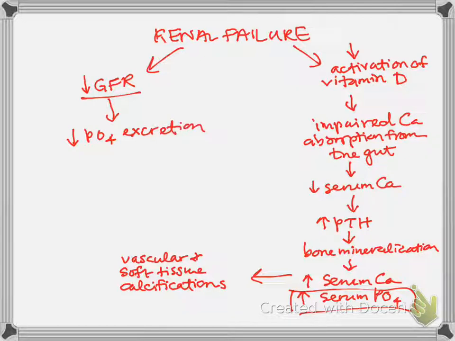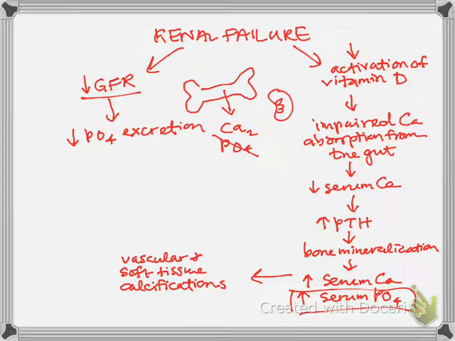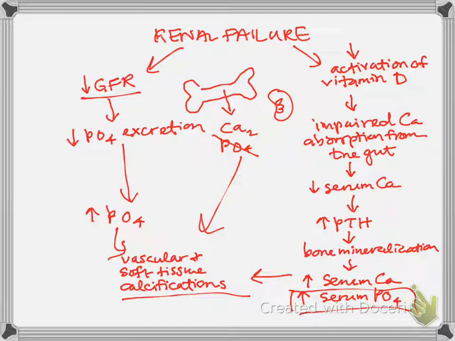So not only do I have my bones being broken down to release calcium and phosphate, but I don't have my kidneys eliminating the phosphate that comes with it, because if that phosphate's not eliminated, I get these calcifications in my body. So that actually results in an increased PO4 level, which is going to contribute to these calcifications.